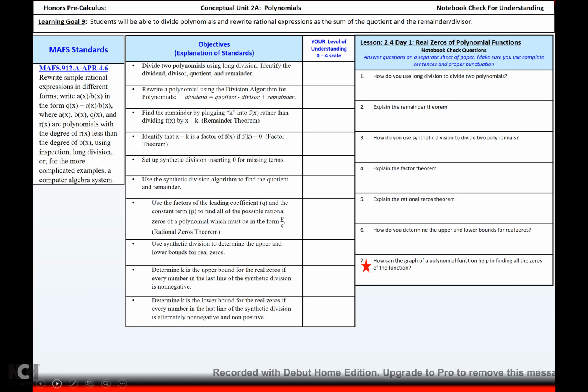Alright, so it says, how can the graph of a polynomial function help in finding all the zeros of the function?